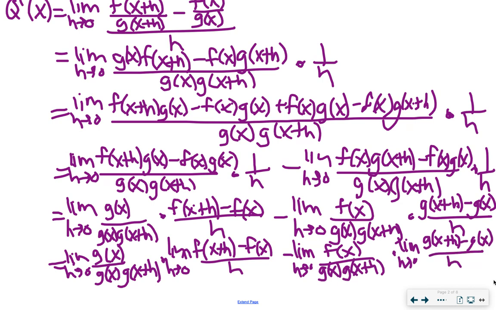Okay, so hopefully my two limits there look familiar as being the limit definition of my derivatives, my first principle of the derivative of f of x and the derivative of g of x. So let's take the limit now as h approaches 0. If I have the limit as h approaches 0 of g of x over g of x times g of x plus h, this is what we're finding.